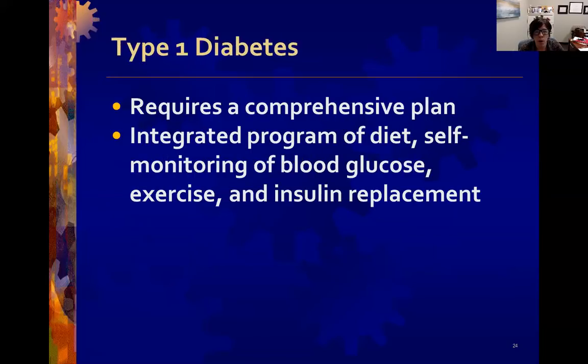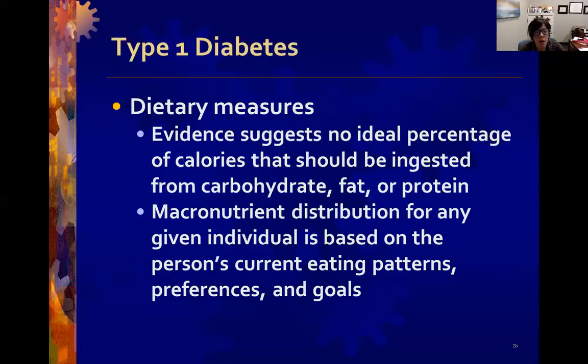So type 1 requires a comprehensive plan. You want to have diet, self-monitoring of their glucose, exercise, and insulin replacement is needed. Again, I'm not going to get into all the dietary measures because it's a course within itself, but what they do now is glycemic index.